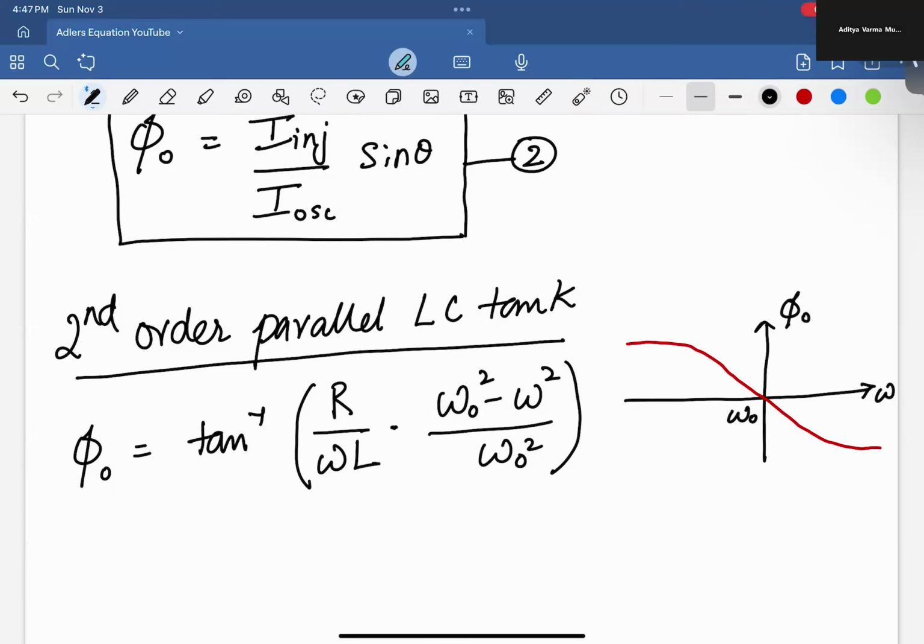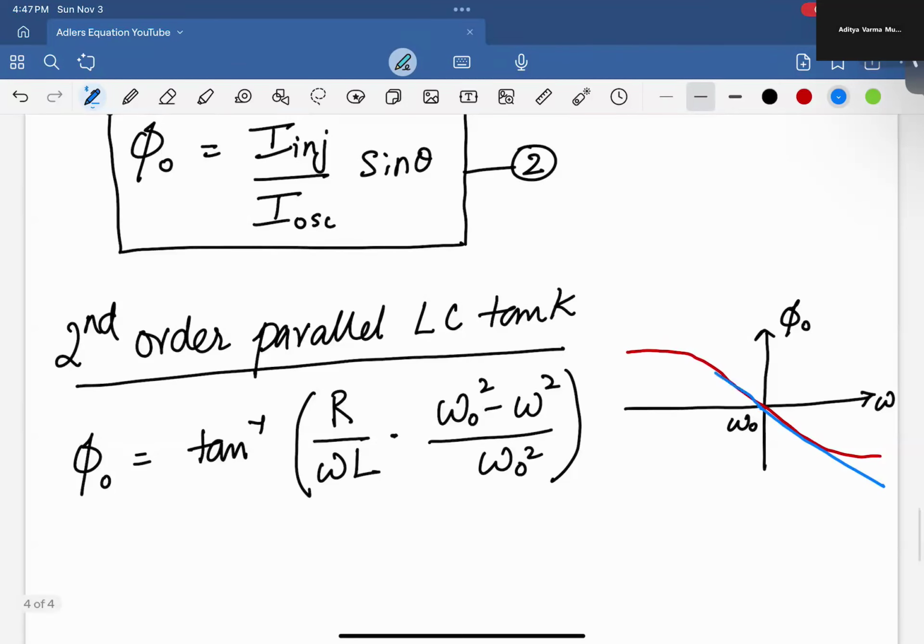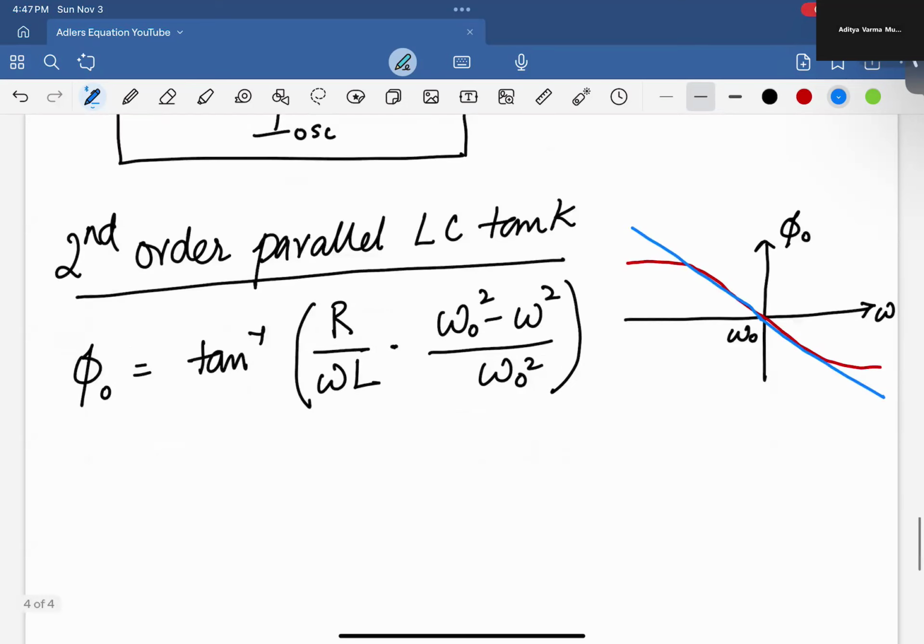Okay, so now let's make another assumption, which is that omega is close to omega naught, right? So if you're close to the free running frequency, you're injecting close to it, which is a valid assumption, then you can approximate this as a straight line. So that's sort of taking the Taylor series approximation around omega naught and just taking the linear component of it.